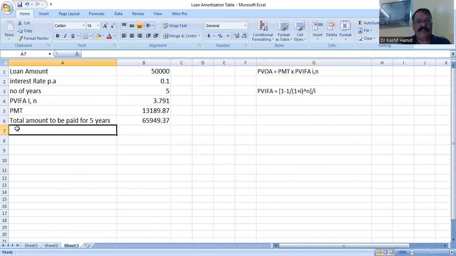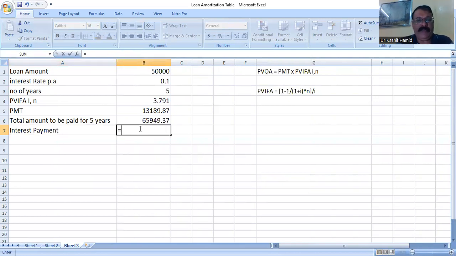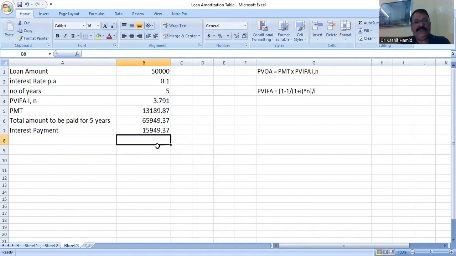And the interest payment is the difference: the total amount that we are going to pay minus the principal amount or the loan amount that we had taken. So we are going to pay 15,949 interest over this loan.